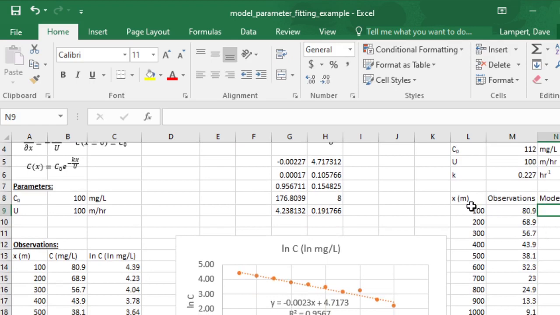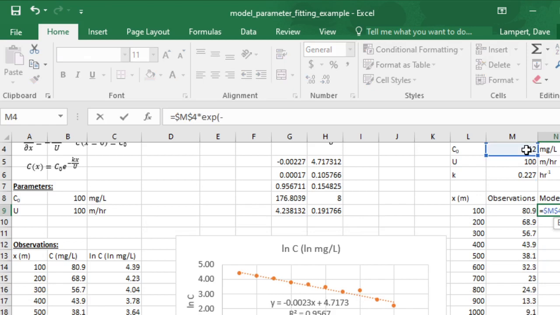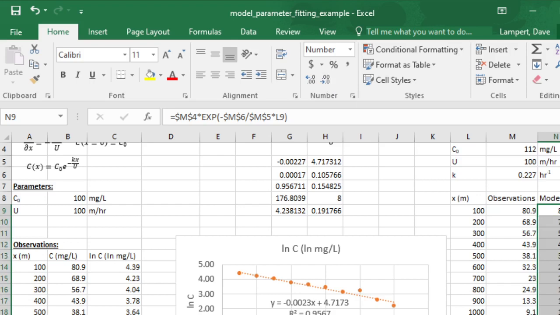At each of these I have an observation, and then my model equals C0, F4 to make it stationary, times EXP negative K, F4 to make it stationary, divided by U, F4 to make it stationary, and then times X. That one I'm not making stationary, so that when I copy, it'll copy it down. I'm picky here, I'm going to make it 1 decimal, and I'll hit that, and it'll copy it down.